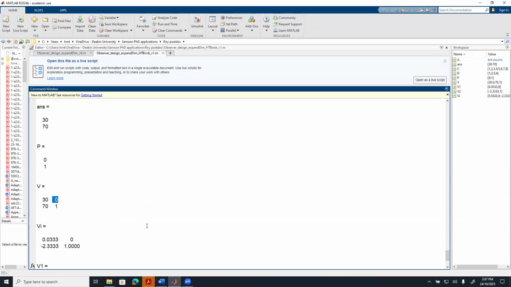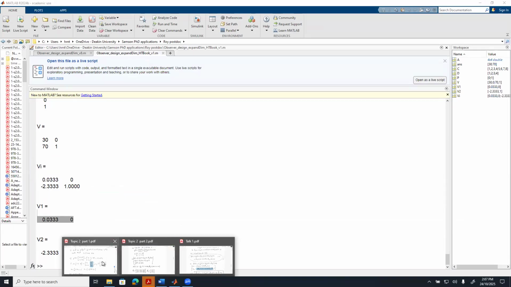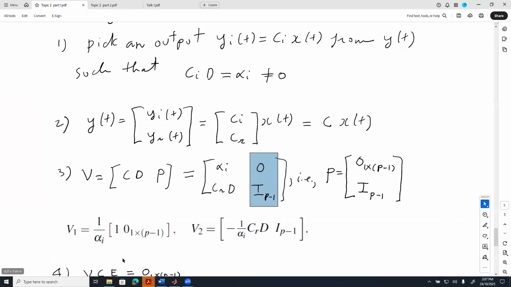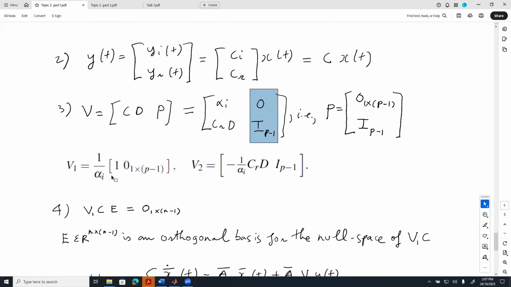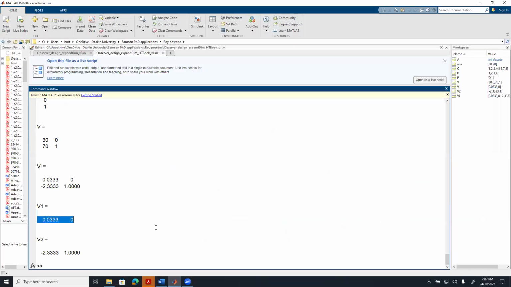And as a result, when we take the inverse, we get V1 in this form. So it has a special structure that we discussed. And so we got V1 and we got V2.